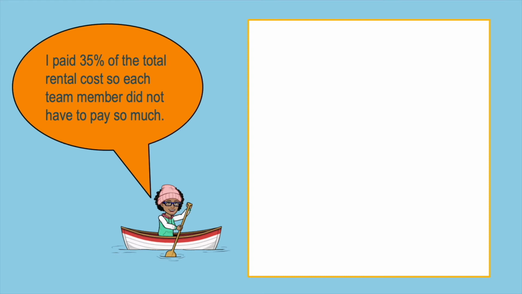I paid 35% of the total rental cost, so each team member did not have to pay so much. I wrote my percent as a fraction, 35 out of 100, which was equal to 0.35 or 35 hundredths.